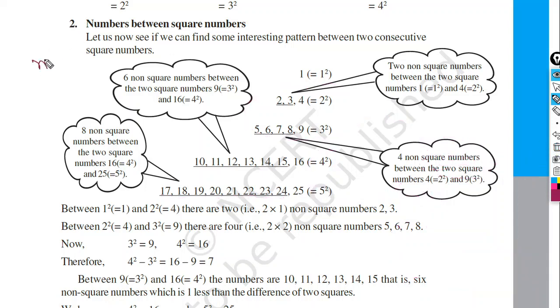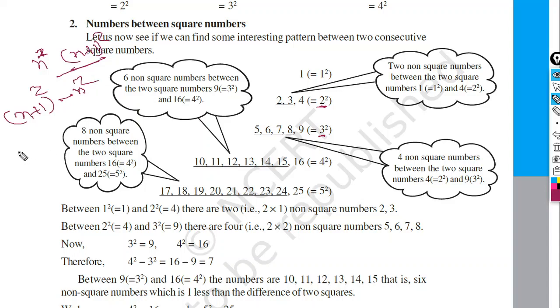Suppose we have to find how many numbers are there between n square and n plus 1 square. The number will be n plus 1 square minus n square.